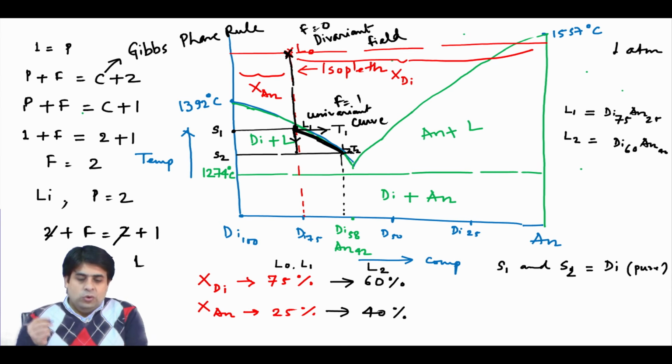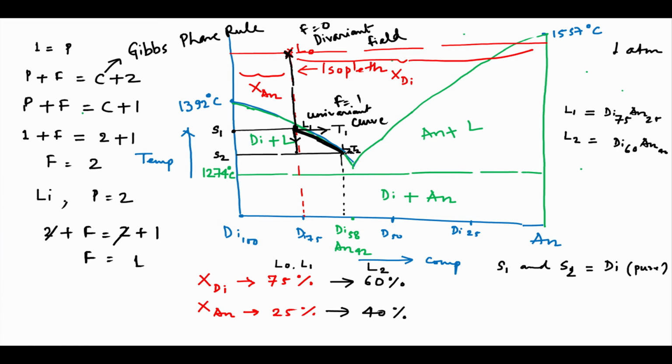Okay. So, when you reach temperature T2, suppose you have this proportion of liquid, m proportion of liquid, and this proportion of solid is being produced, and this is suppose L0 because the original composition is L0.